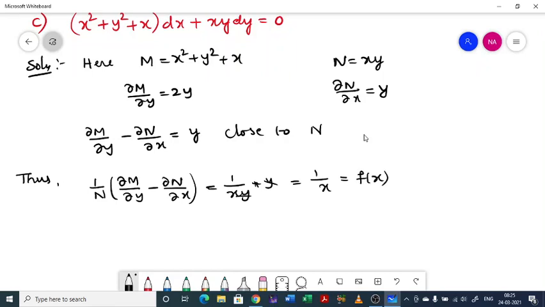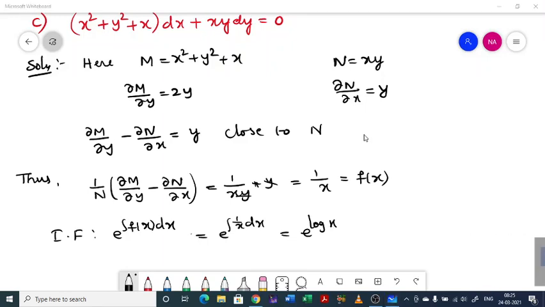So the integrating factor will be e power integral f of x dx, so that is e power integral 1 by x dx, so it is e power log x, and as I said, log and exponential functions are inverse of each other, so I get x. So the integrating factor is x.